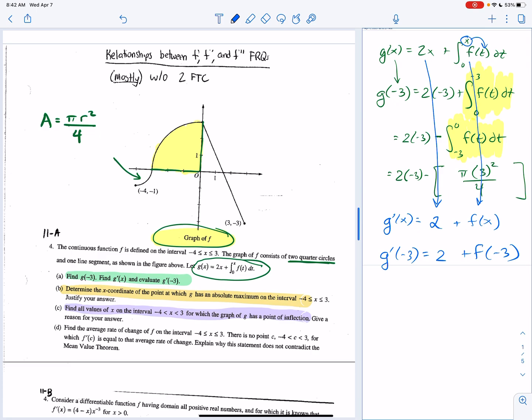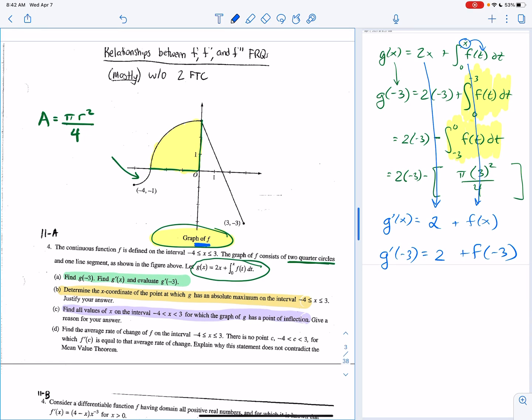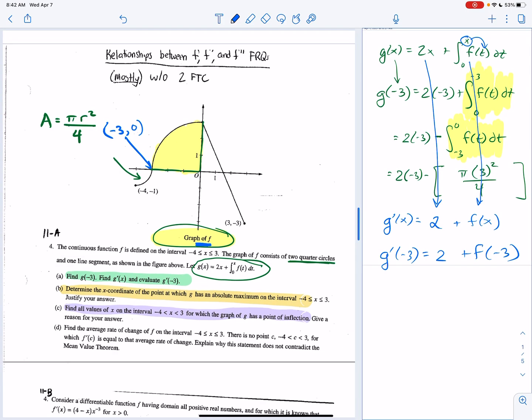F of negative 3 can be found on the graph of f. So in this picture, it actually is f. At negative 3, you're right here. The y value is 0. So that's really just 2 plus 0. I know that 2 plus 0 is 2, but again, why do the extra work if you don't need to?